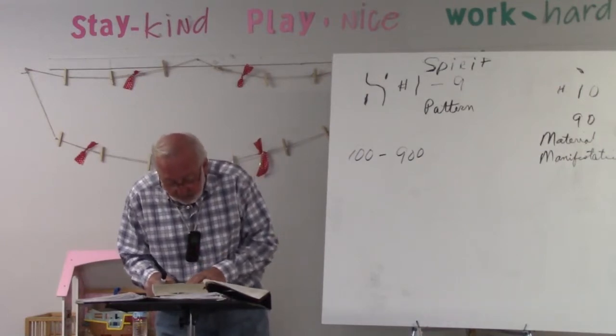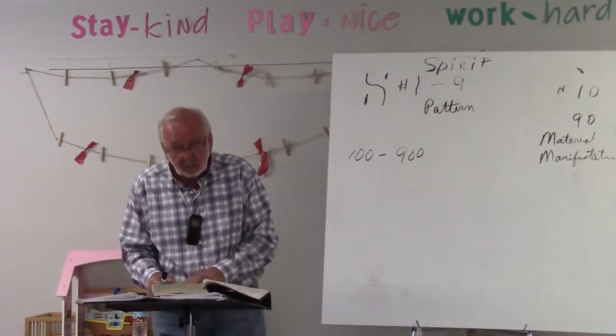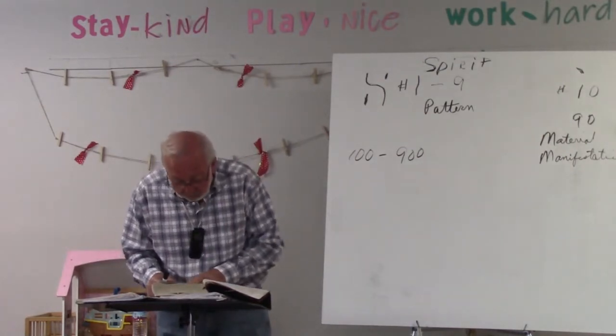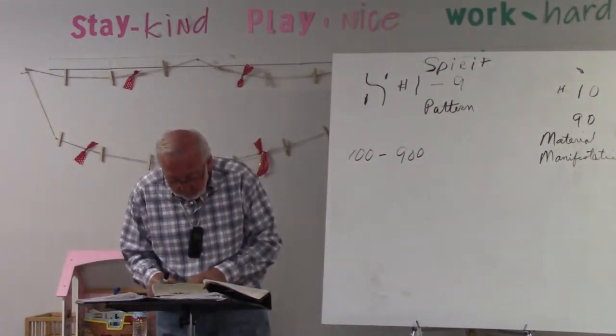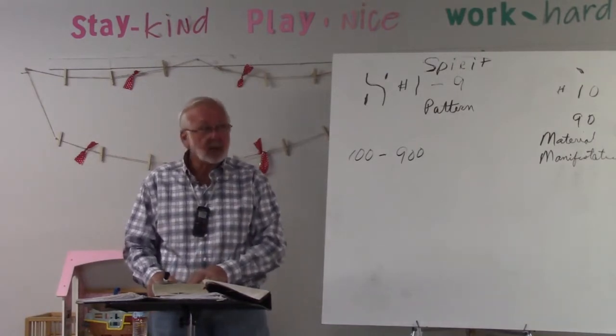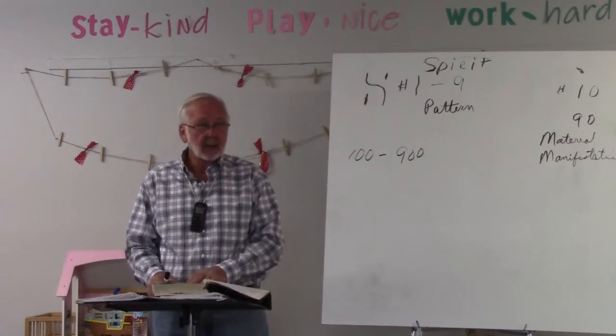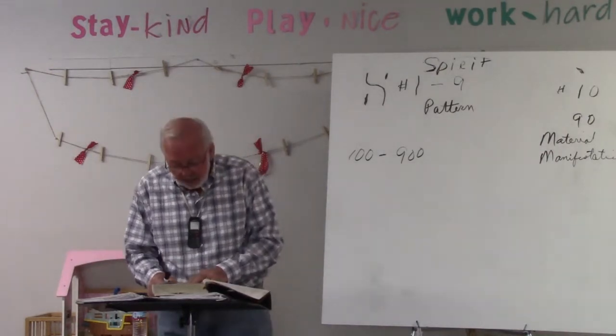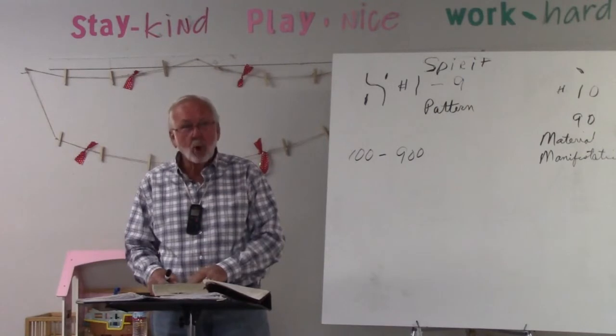And look at verse 5. It says, and God called the light day. God changed the name of light to day. So light and day are the exact same word.